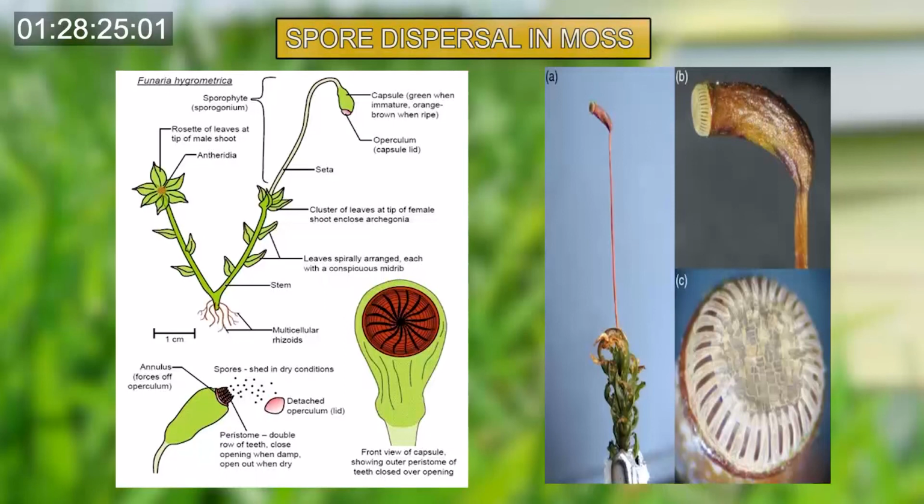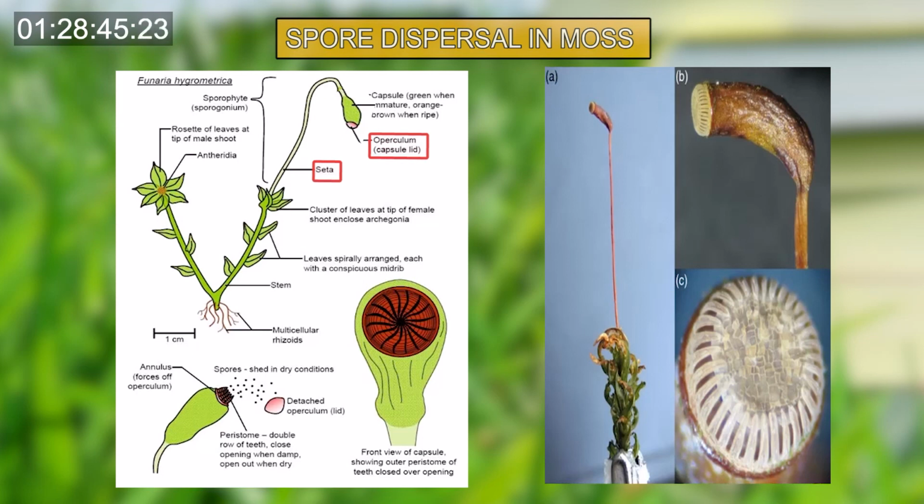Like in this diagram we can see Funaria hygrometrica, which consists of an elongated stalk-like structure known as the seta, and at the top of the seta there is a capsule-like structure which is protected by the operculum.